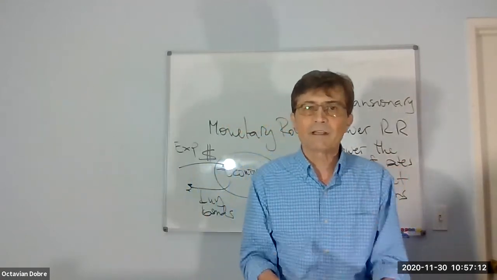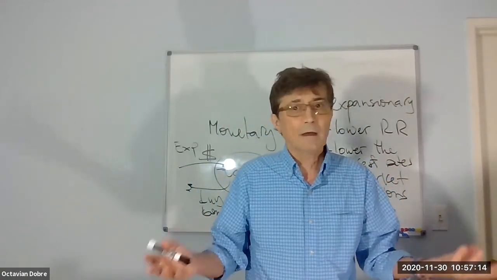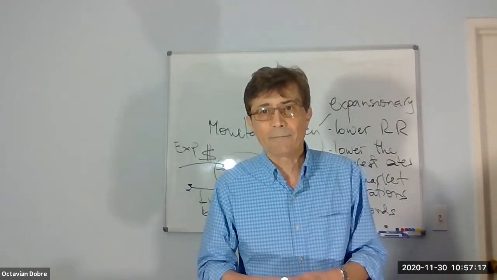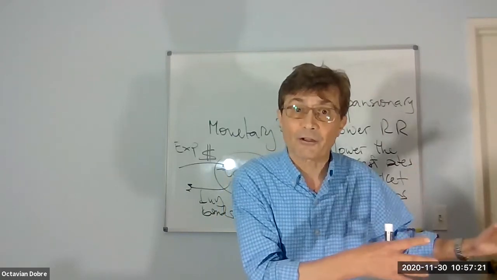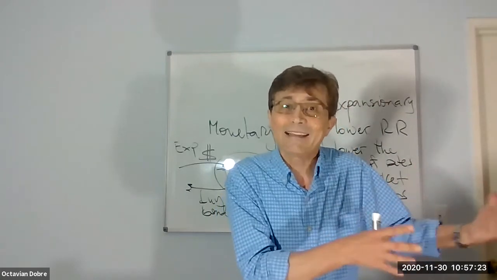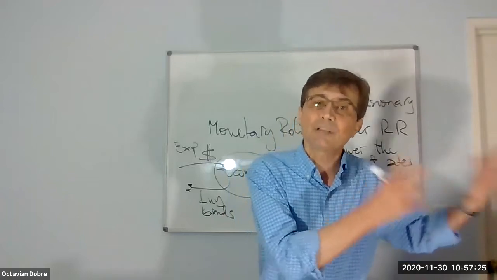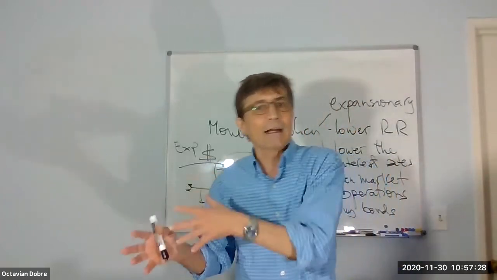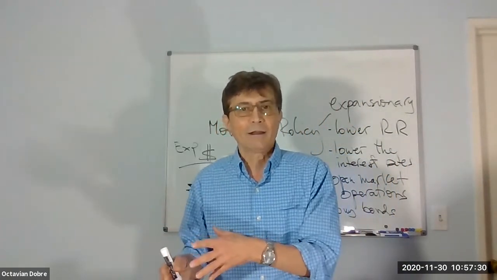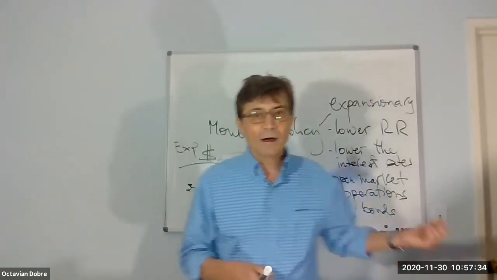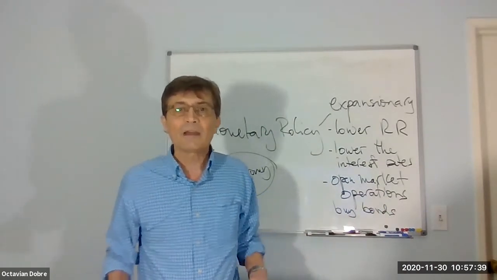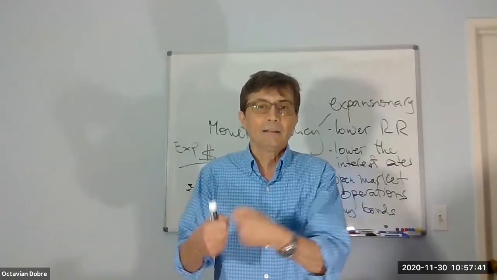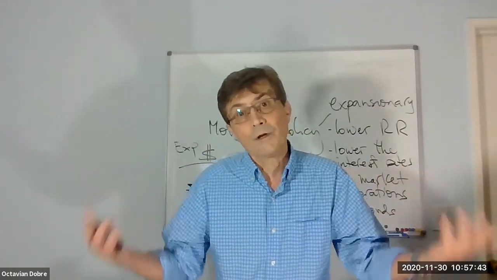Because when we are in a recession, people don't want to borrow money. Banks become more risk averse. They don't want to lend the money. That's not a good time to lend the money. That's not a good time for us to borrow money. So when the economy is in bad shape, expansionary monetary policy is not very successful because we're doing exactly the opposite that we ought to be doing.